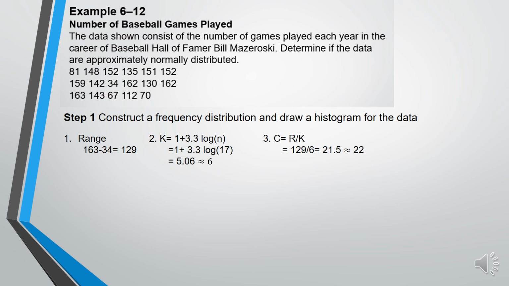So now that we know the value of k, the number of classes, which is equal to 6, and c, the class width, which is equal to 22, these are the givens that we are going to use to construct a frequency distribution.